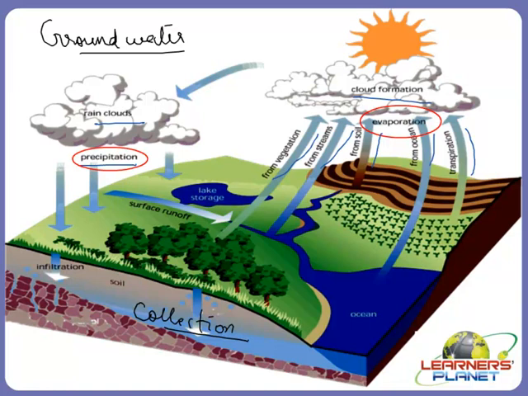Remember one more thing, students, that trees help in the process of the water cycle through transpiration. And if deforestation continues at the same pace, which is actually going on in today's time, there will be insufficient rainfall. So we should plant more and more trees, right? So that was all about the water cycle.